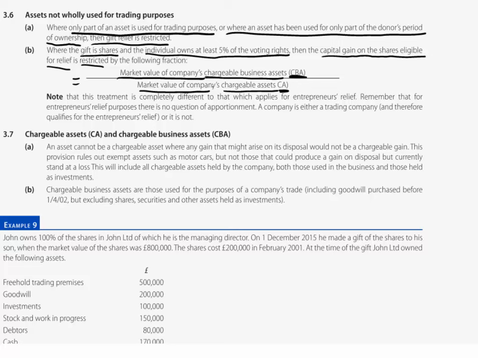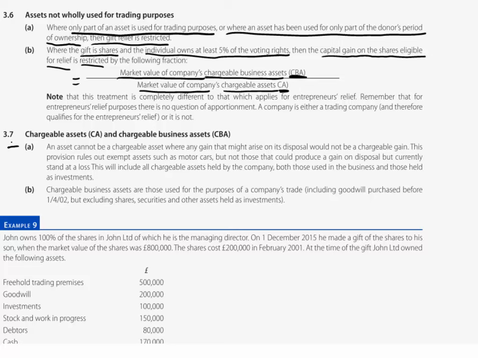Now, what are these chargeable business assets and chargeable assets? The chargeable business assets we'll define in a moment, but chargeable assets will basically be all of your CBA, so everything on the top line, plus the market value of the investments, the non-trading assets, the investment assets held by the company.